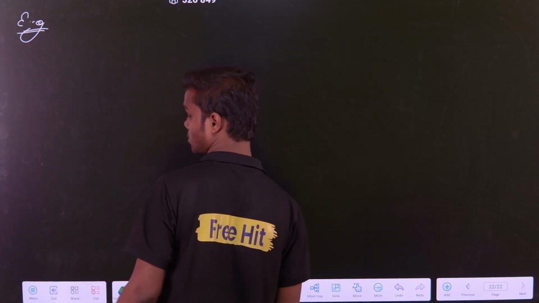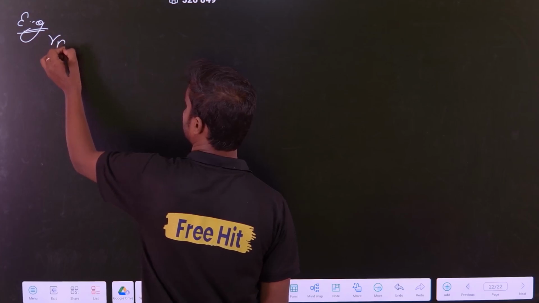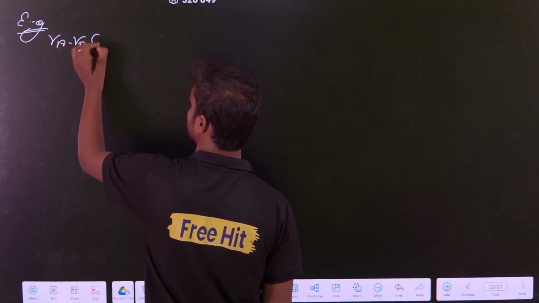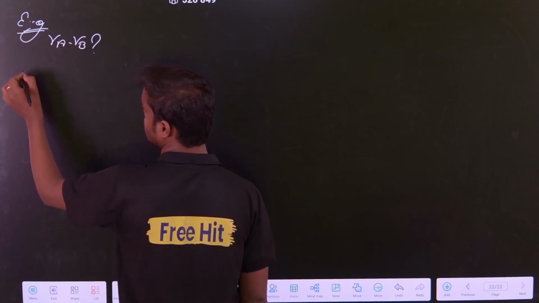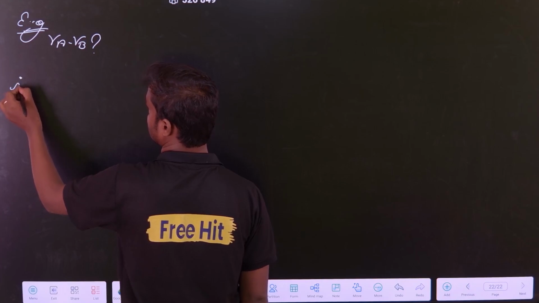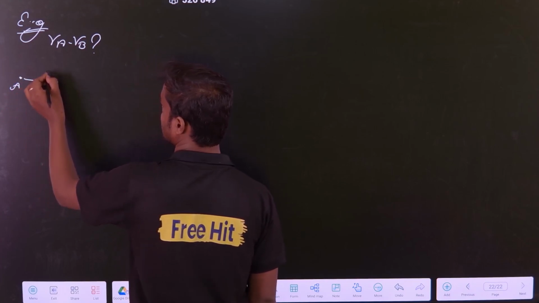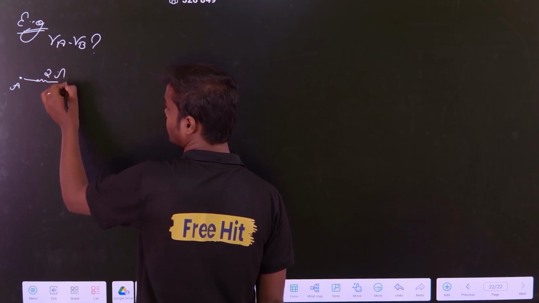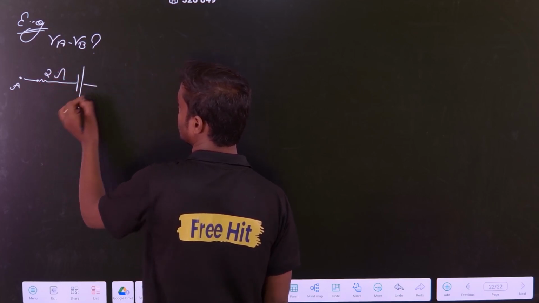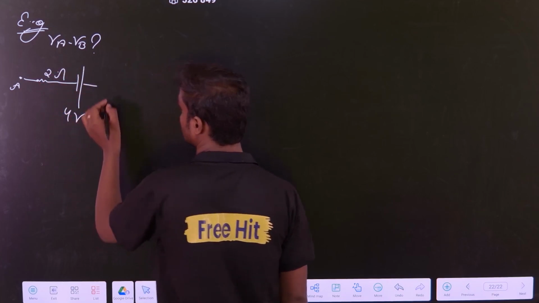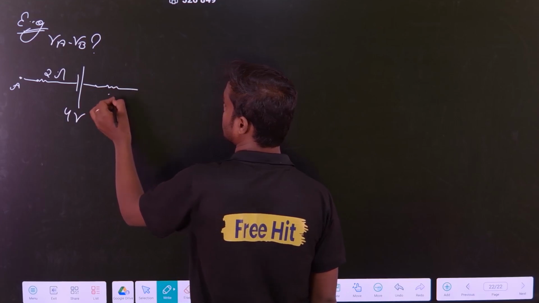Okay. My question is, again you have to find VA minus VB. Okay, the circuit is this. This terminal is A. 2 ohm. This is 4 volt. 3 ohm.